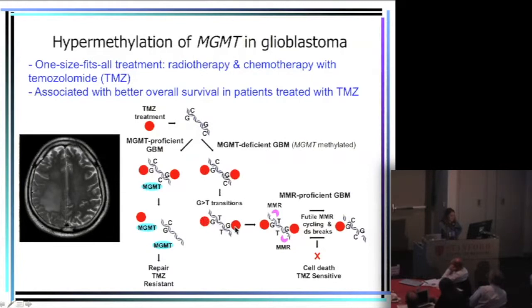These cause G to T transitions. The mismatch repair system comes along, tries to repair them, but has this futile cycling, which then results in double-strand breaks and cell death. And so these cells with this type of epigenotype tend to be sensitive.